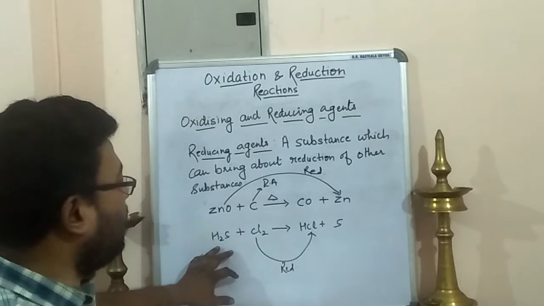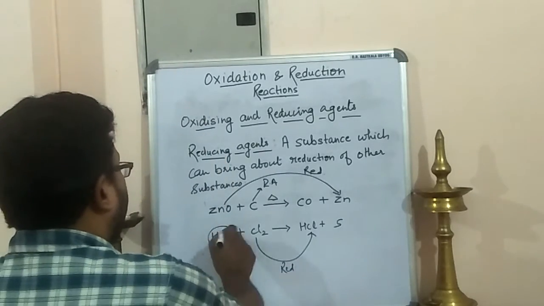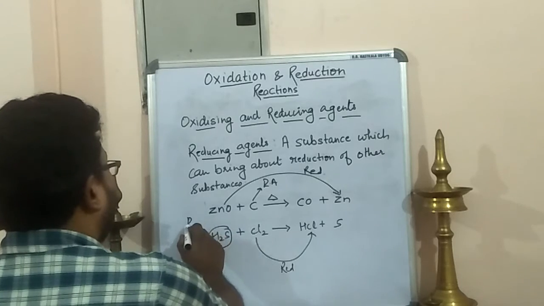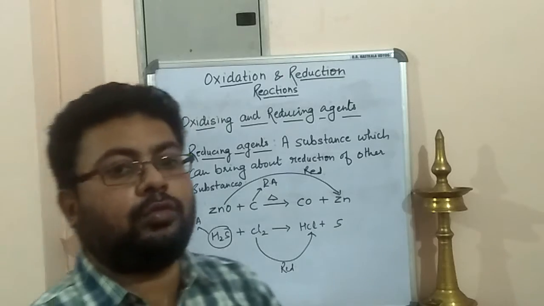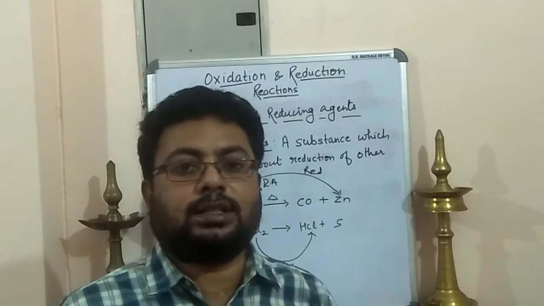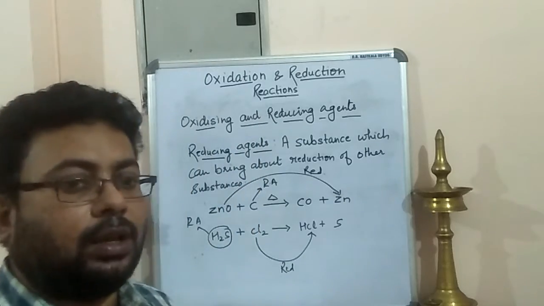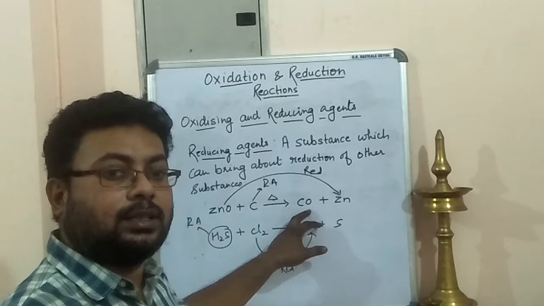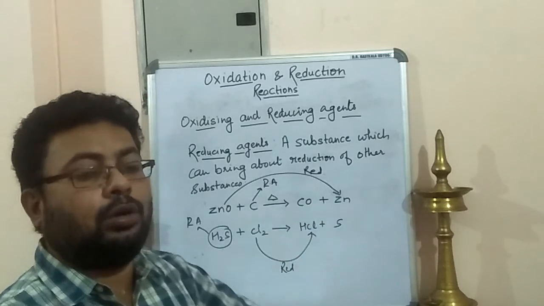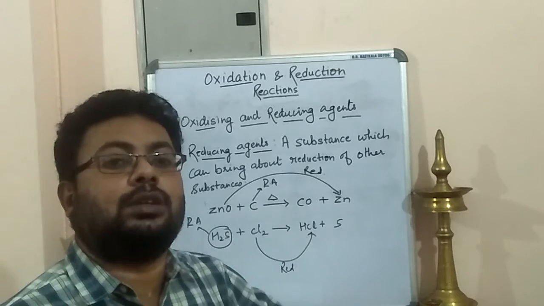So here what is happening? H2S acts as a reducing agent. Understood? So this is how you find out the oxidizing and the reducing agents. And one more thing, here carbon itself is getting oxidized, isn't it so? I told you that reducing agents themselves get oxidized.